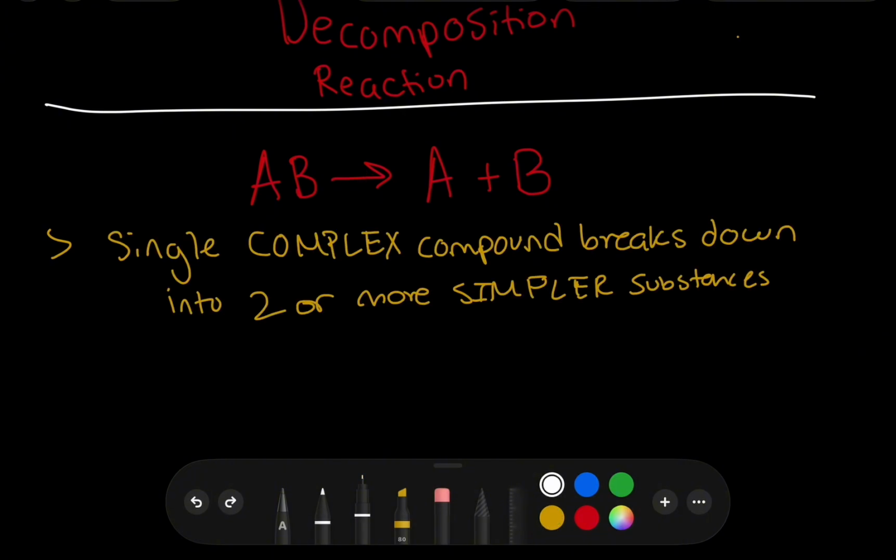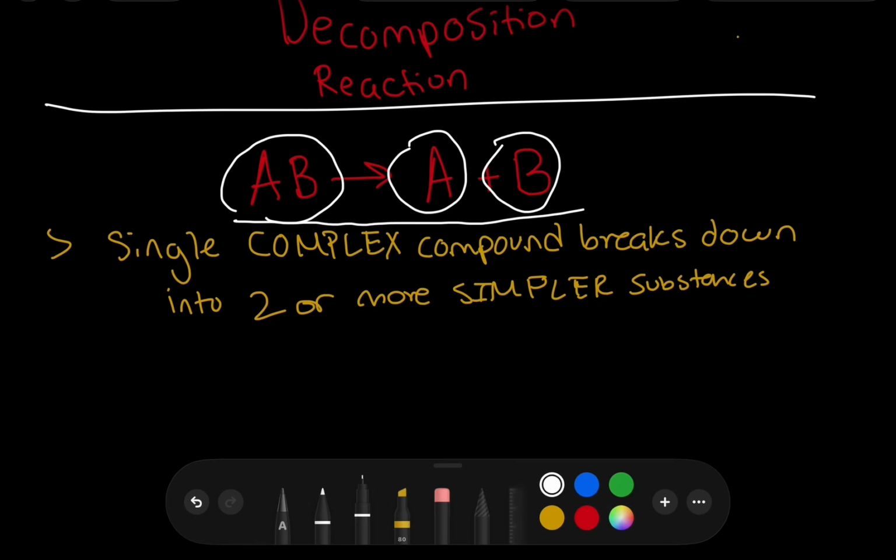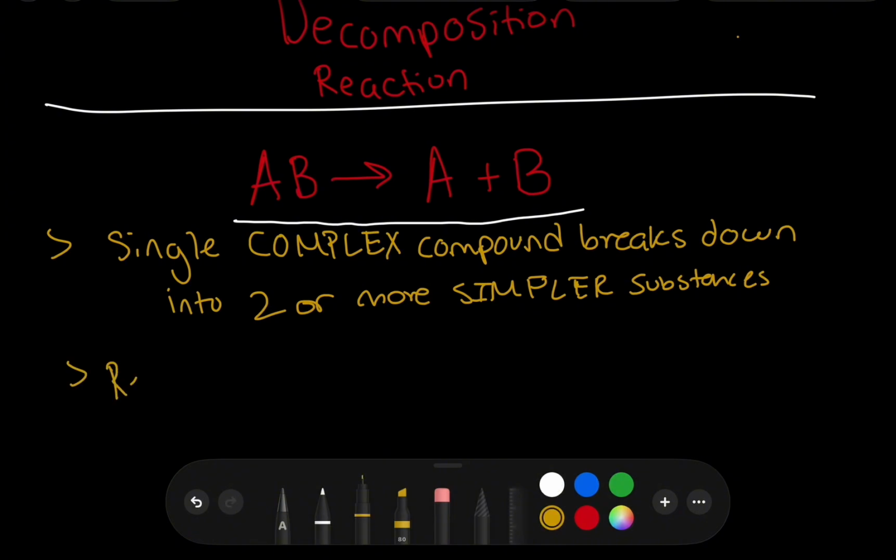Once again, in the general formula, you have the complex compound, which is AB, and it's breaking down into these 2 simpler substances. Like the word decomposing, it's like breaking down. So as I said, it's the reverse of a synthesis reaction.